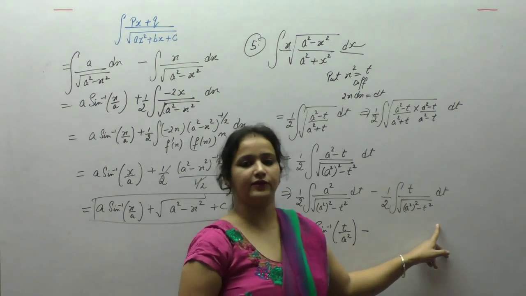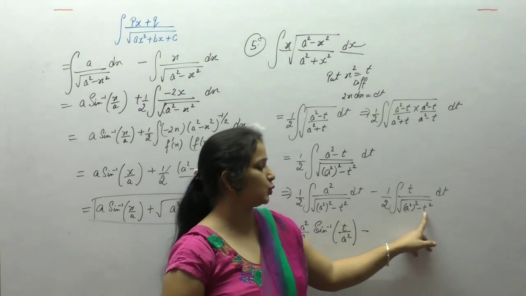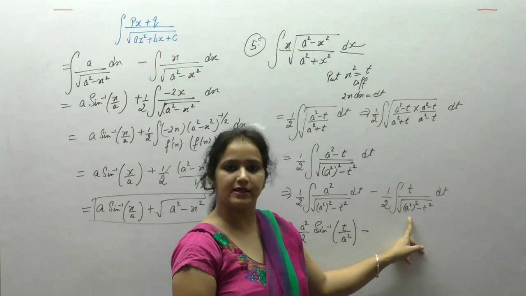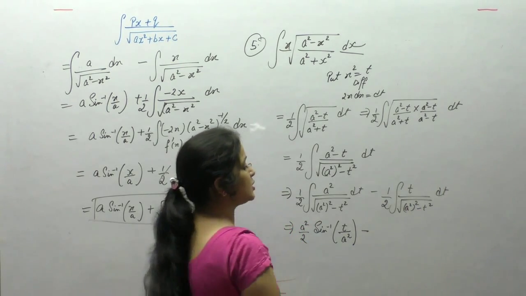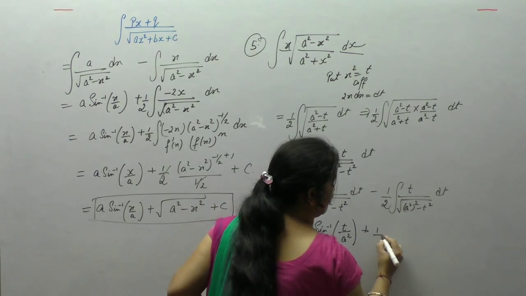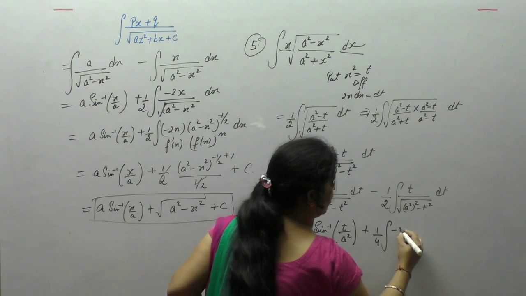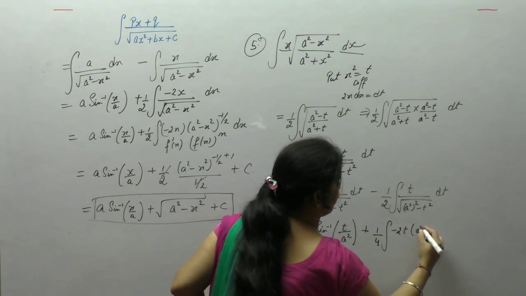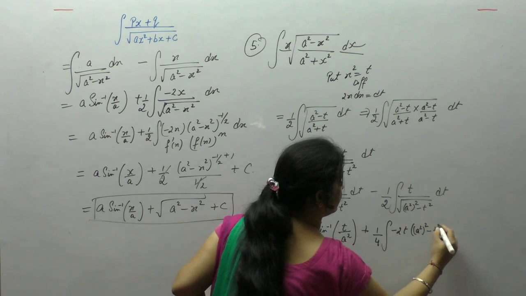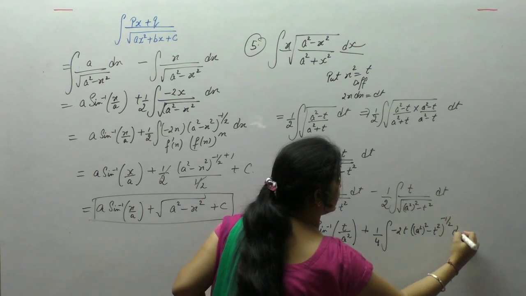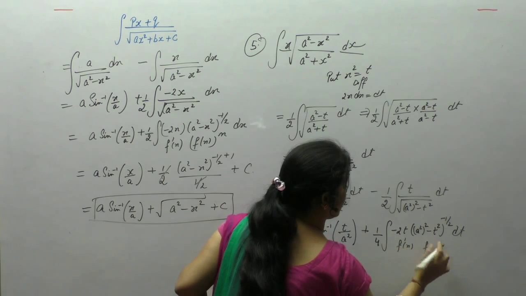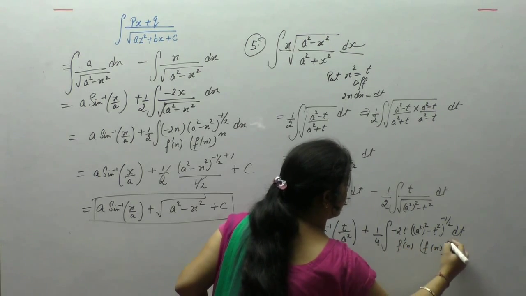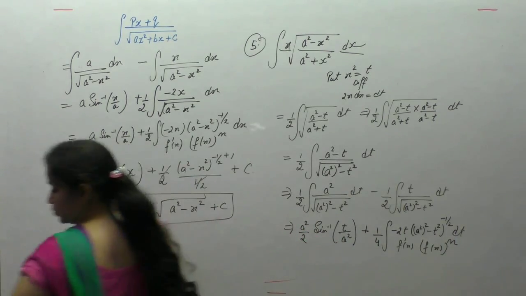Complete the derivative. Derivative of t square is 2t and the constant term is 0. Here we have a minus sign before t square, so minus 2t. Multiply and divide by 2 here. Now complete the derivative: f dash x into f of x power n gives f of x power n plus 1.